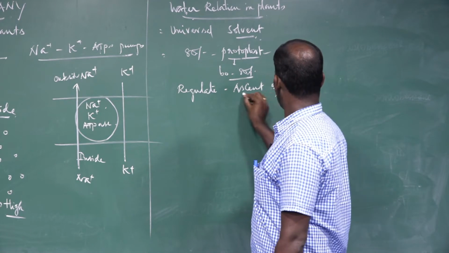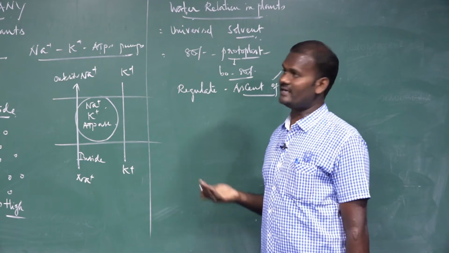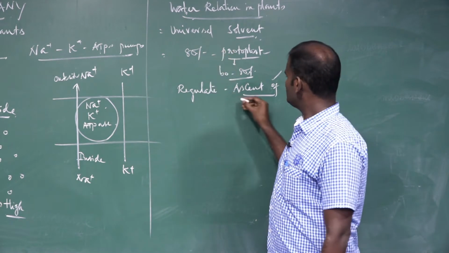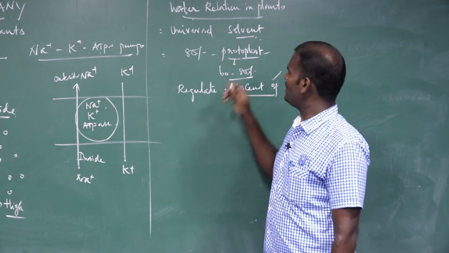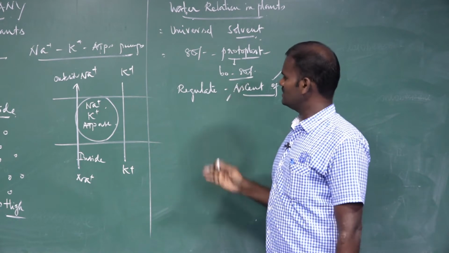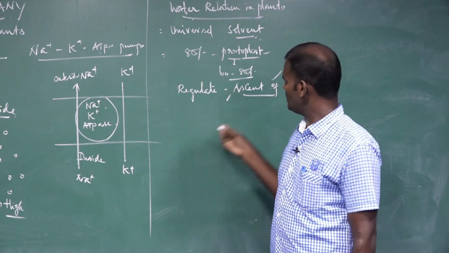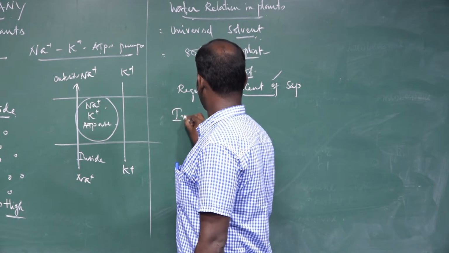You know what ascent of sap is? It is the upward movement of water along with dissolved substances through the xylem vessels to all parts of the plant body. So water plays an essential role. Before studying this, what are the technical terms used in water relations? The first one is imbibition.